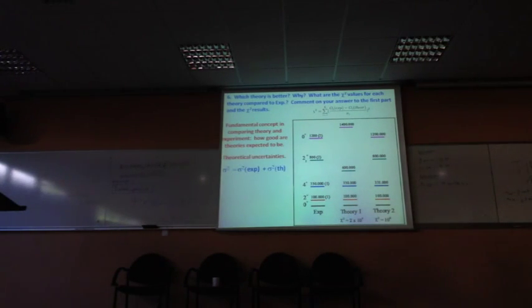Okay? What's missing is the idea of theoretical uncertainties. Whenever you make a comparison of experiment and theory, you need to fold in the idea of how accurate you expect the theory to be. Now, we could get into a long discussion of how you know how accurate theories can be, but we won't.